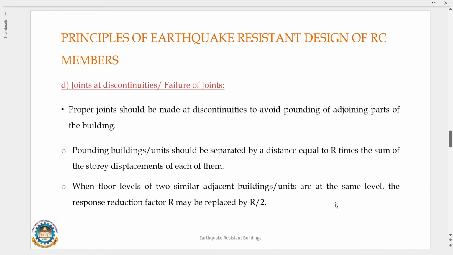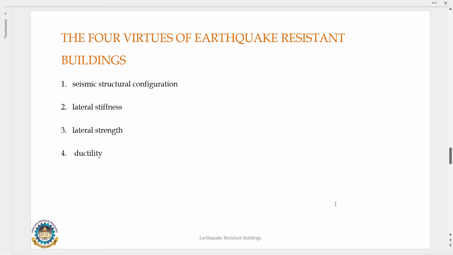So, for a building to perform satisfactorily during earthquakes, it should meet all the philosophy of earthquake resistant design which we discussed previously. Now, there are four aspects of building, or four virtues, for earthquake resistant design that the architects and the design engineers work on. These four virtues are mainly seismic structural configuration, lateral stiffness, lateral strength, and ductility.